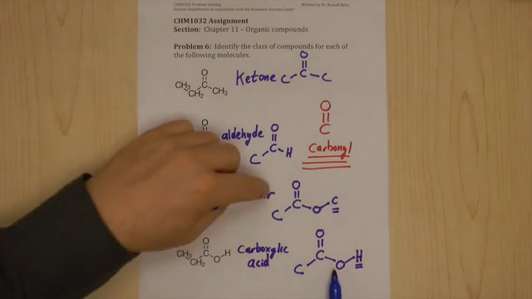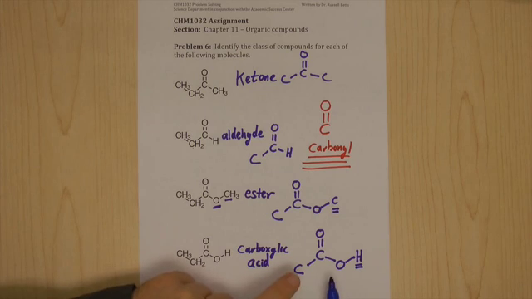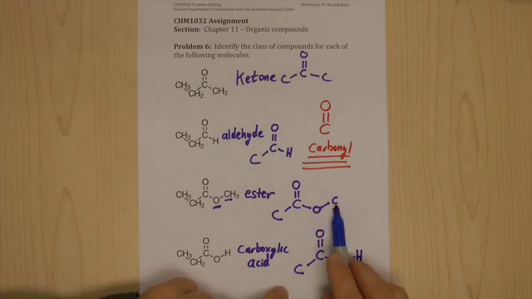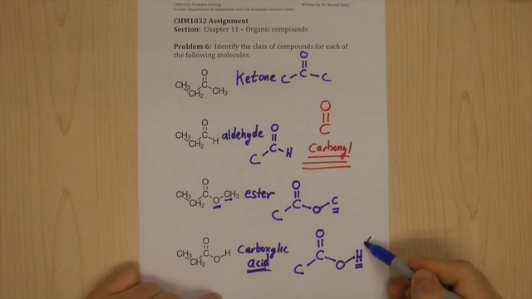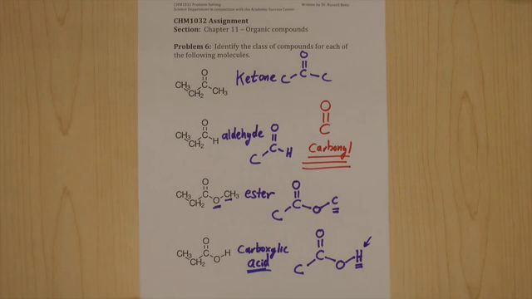An ester and a carboxylic acid are essentially the same, except in an ester, there's a carbon on the oxygen. In an acid, there's a proton, or a hydrogen. Now, can you remember that? Acid. Acid is a proton donor. There's the proton. There. Carboxylic acid.